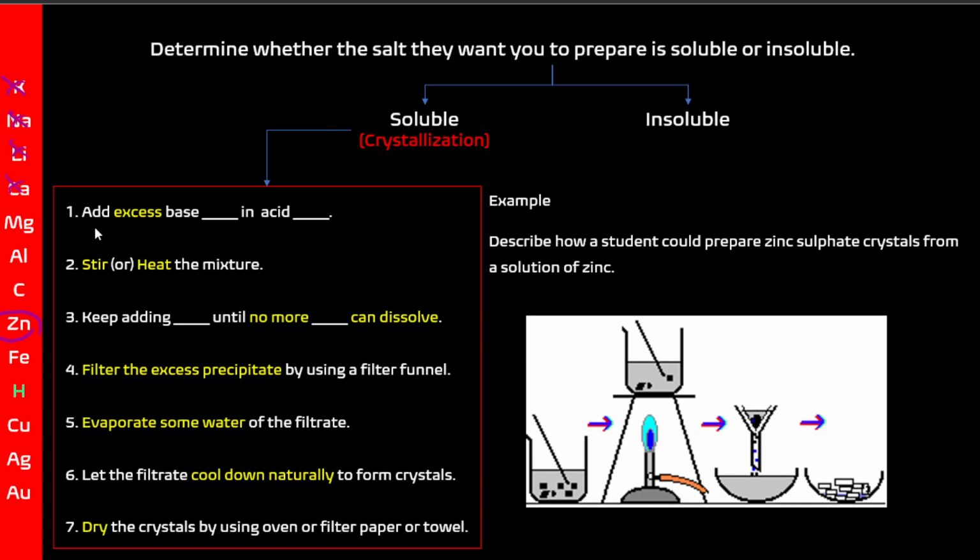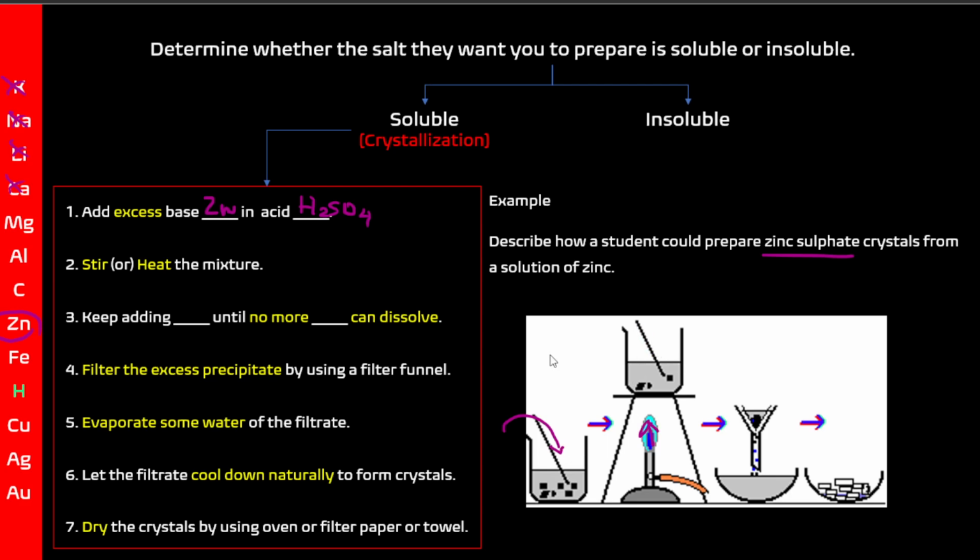So what you would do is add an excess of the base, right? It's zinc, and the salt they're asking us to prepare is a sulfate, so our acid would be sulfuric acid, H2SO4. First, add excess zinc into the sulfuric acid, H2SO4. Afterwards, we need to heat it, or stir the mixture using a rod.